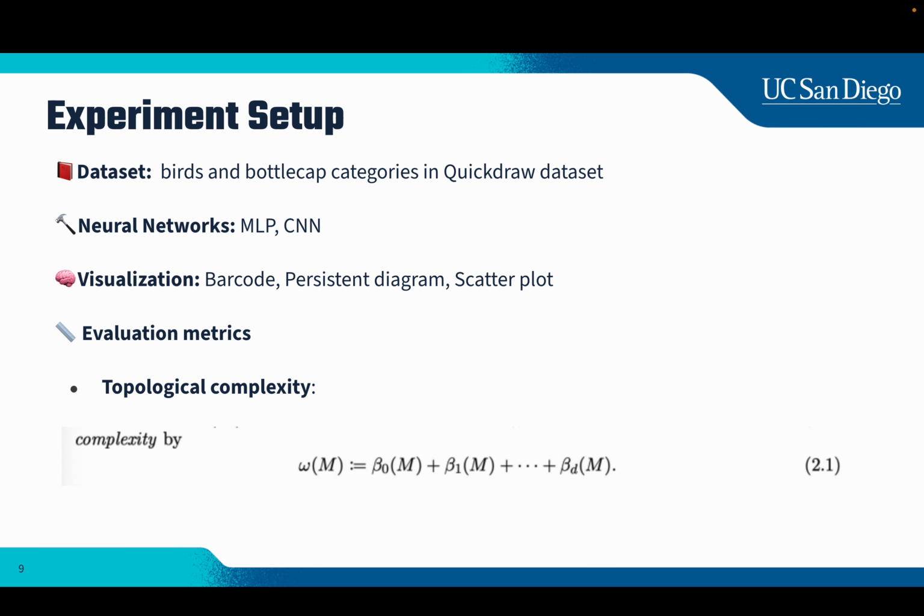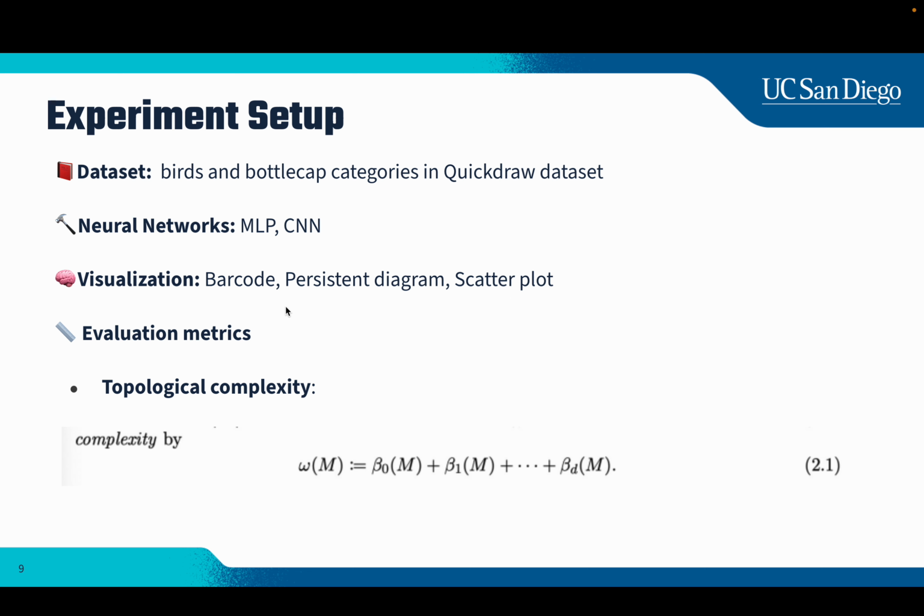So here comes our experiment part. For the setup, we chose two categories from the Quick Draw dataset, which are the bird and the bottle cap. We chose two neural networks, the MLP and the CNN, and we make three visualizations: the barcode diagram, the persistence diagram, and the scatter plot.